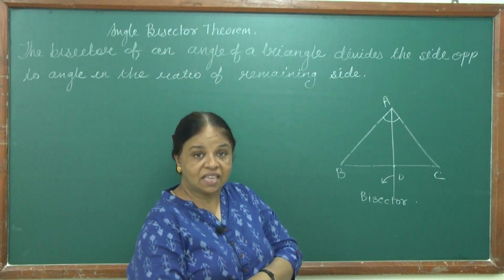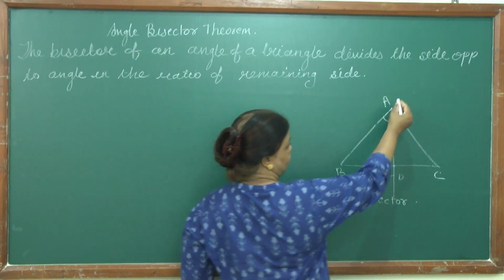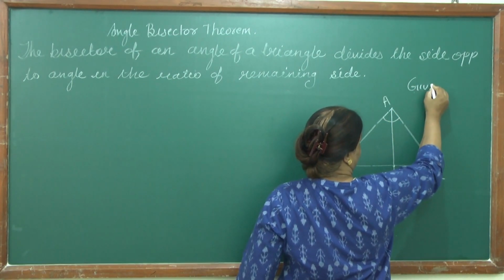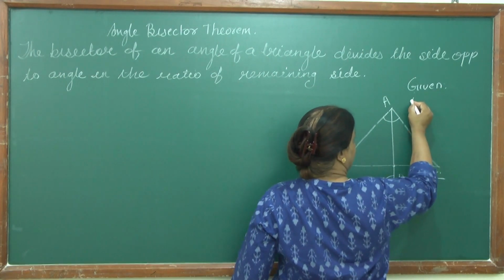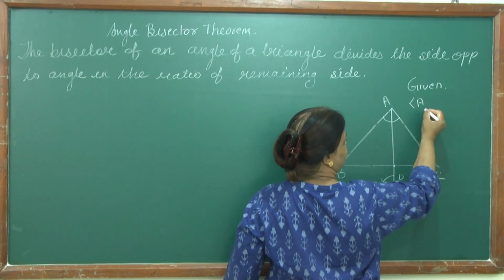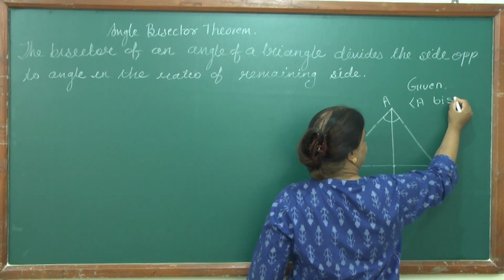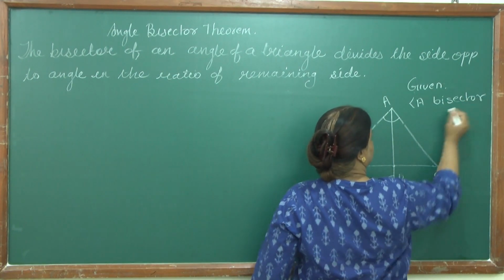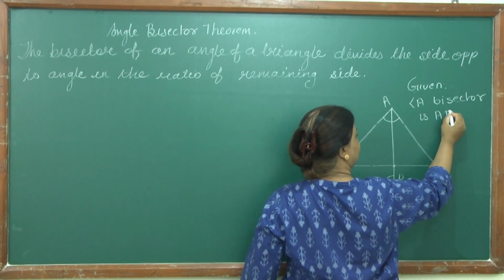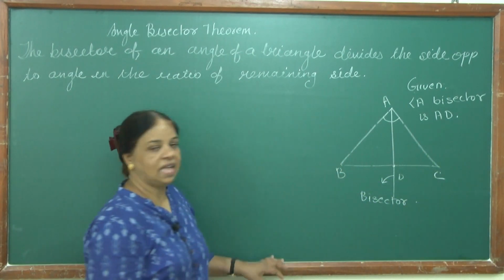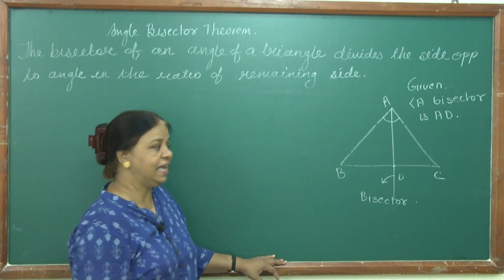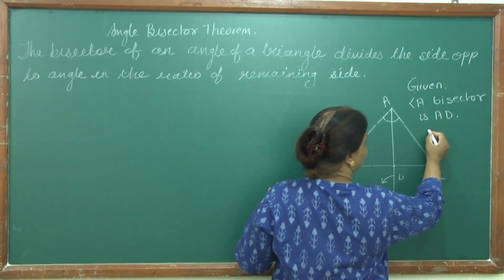So what is given? Let's begin with that first. Given: angle A, bisector is AD. AD is the angle bisector of angle A. What we need to prove?